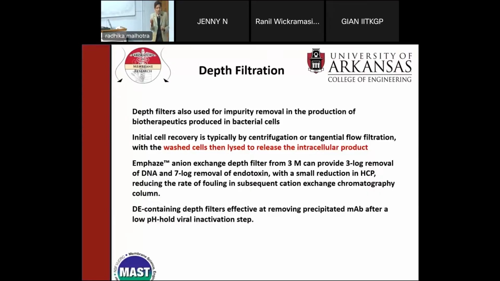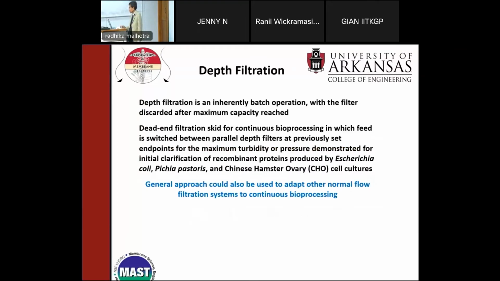It can cause them to adsorb on columns because you get hydrophobic residues exposed and so forth. So you want to remove any sort of aggregates that you form. And so those sterile filters, or in this case, if you use a depth filter after a low pH hold step, you would remove any of the protein that you damage. Okay? So that's another important point.